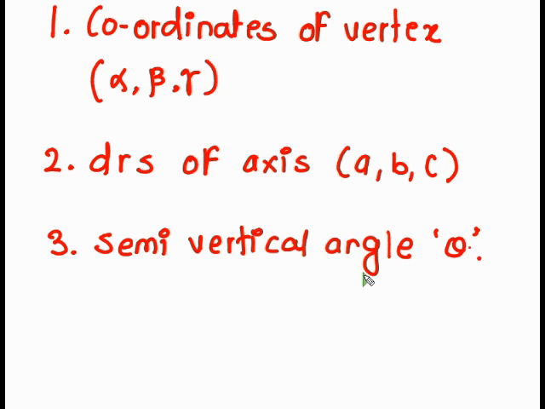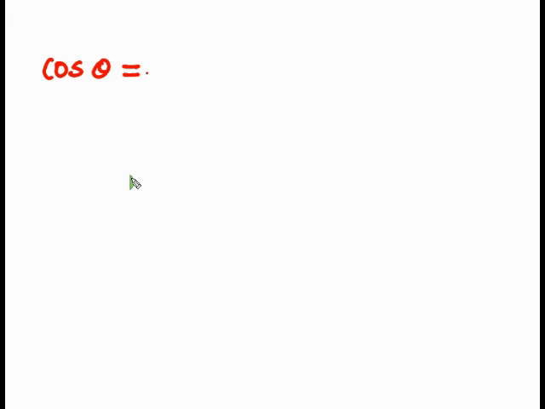Now once you get all 1, 2, 3, the question is how to find the equation of a right circular cone. Let's see that formula. If you know theta, the semi-vertical angle, the DRs of the axis a, b, c, and the coordinates of the vertex alpha, beta, gamma, let P be any point on the generator with coordinates x, y, z.